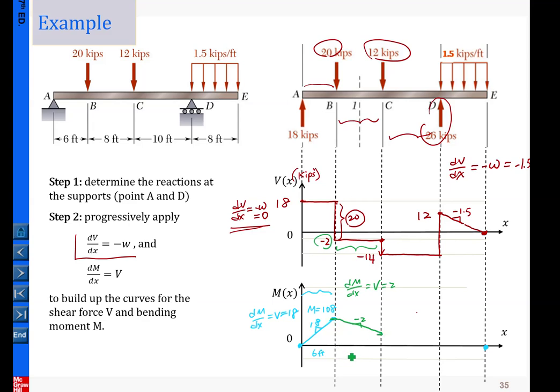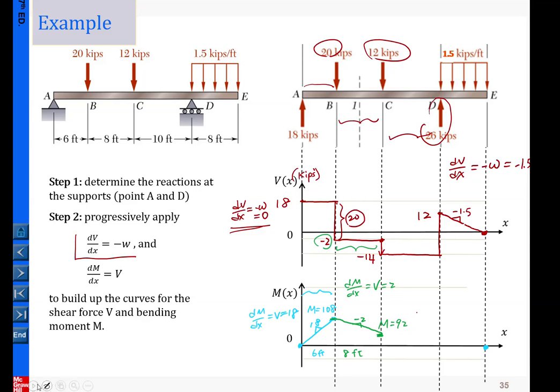The distance here is 8 feet, so 8 feet gives a descent of -2 times 8 equal to -16. 108 minus 16 equal to 92. So M here equal to 92.